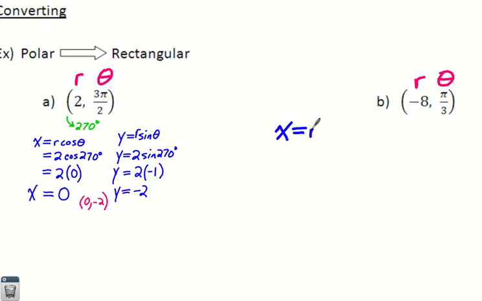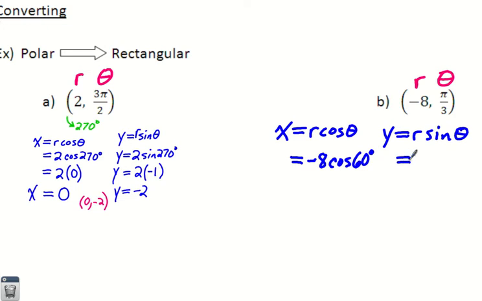X is going to equal r cosine of theta, and y is going to equal r times the sine of theta. And so now we have -8 times the cosine of pi over 3 radians, which is the same as 60 degrees. And y is going to equal -8 times the sine of 60 degrees.